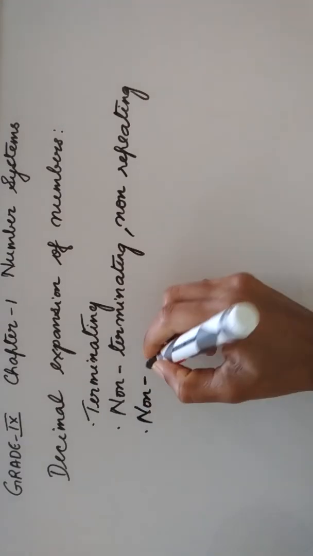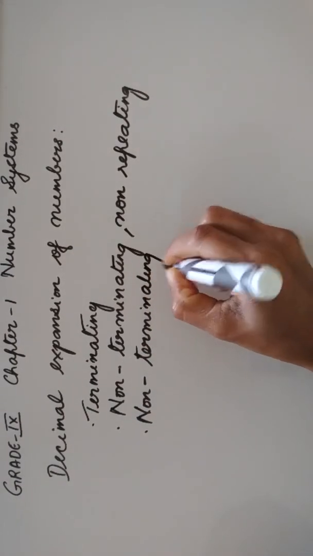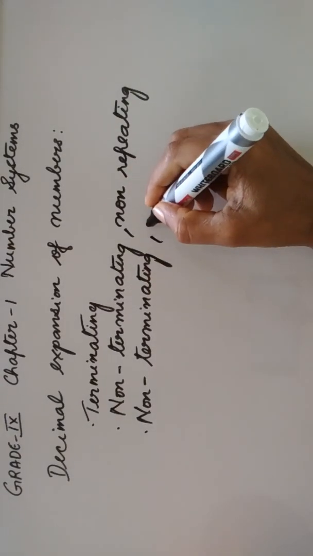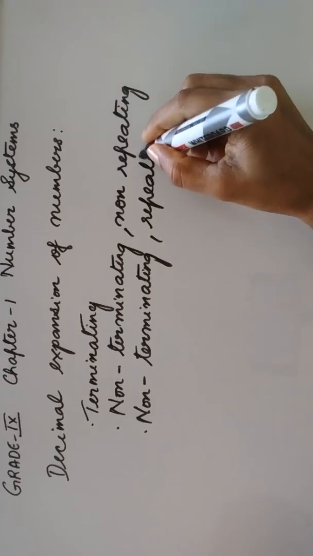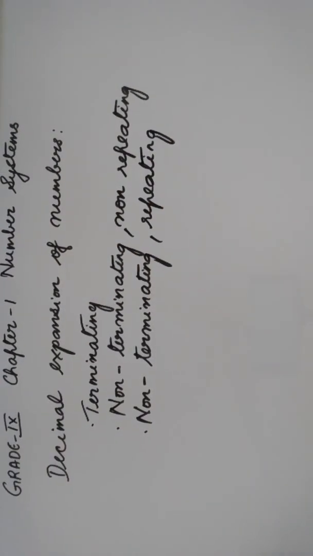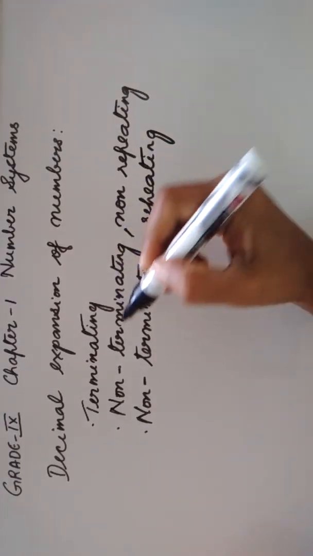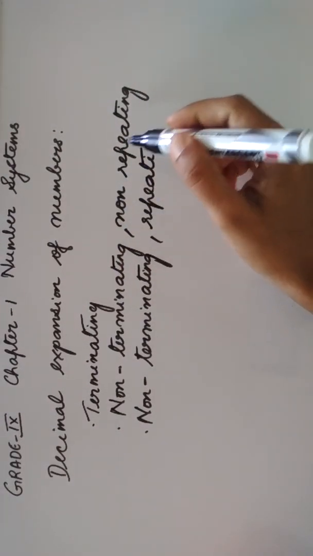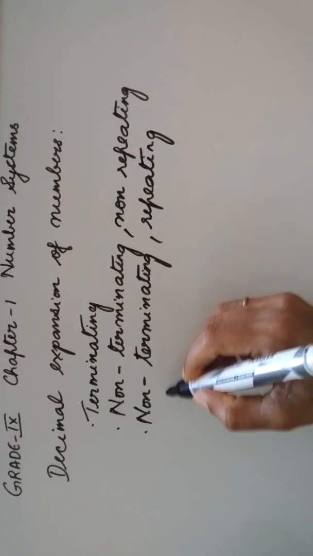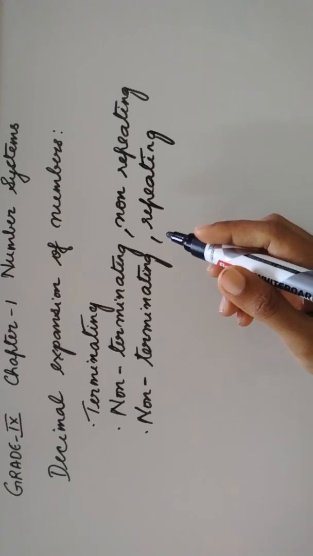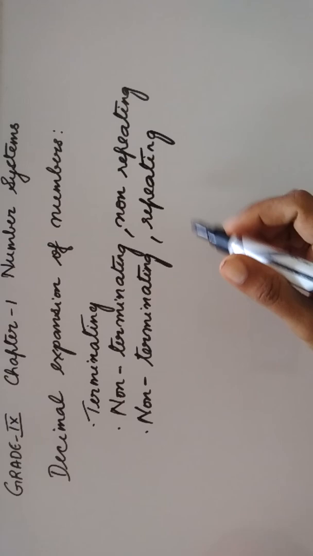Next one is non-terminating and repeating. So here terminating is the rational number, non-terminating and non-repeating is the irrational numbers, and non-terminating, repeating is rational numbers.